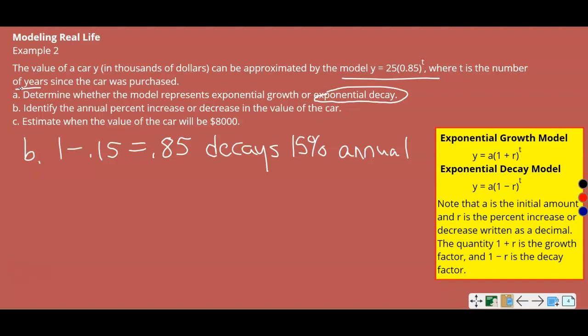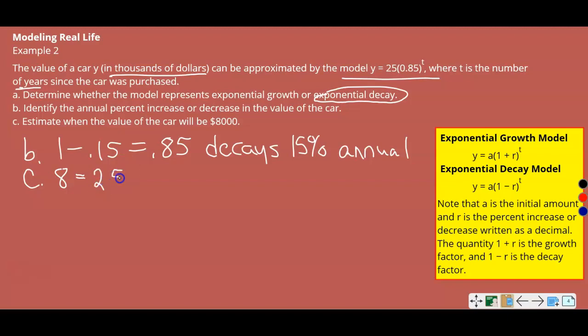All right, and c part, estimate when the value of the car will be $8,000. So we're going to use the model and we're going to estimate when the value of the car is $8,000. Remember, the value of the car y is in thousands of dollars. So instead of substituting 8,000, we can just substitute 8 in place of that, knowing that it's in thousands of dollars.